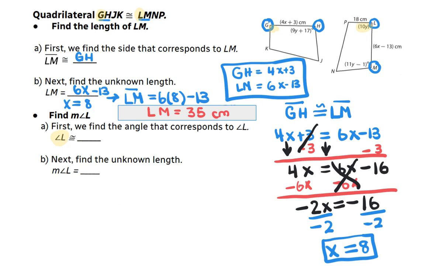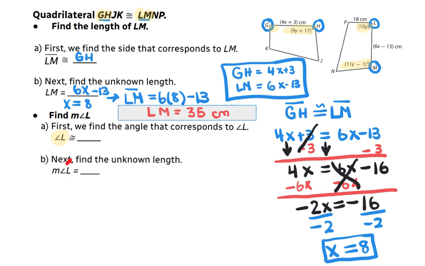And we know that the angle H is also equal to angle M. Now, we see that there are y's in both of these. This is 9y plus 17, and this is 11y minus 1. So we can see that H is equal to M based upon the placement of these values. Angle H is equal to angle M. So once we find the value of y, we can find the value of the angle L.